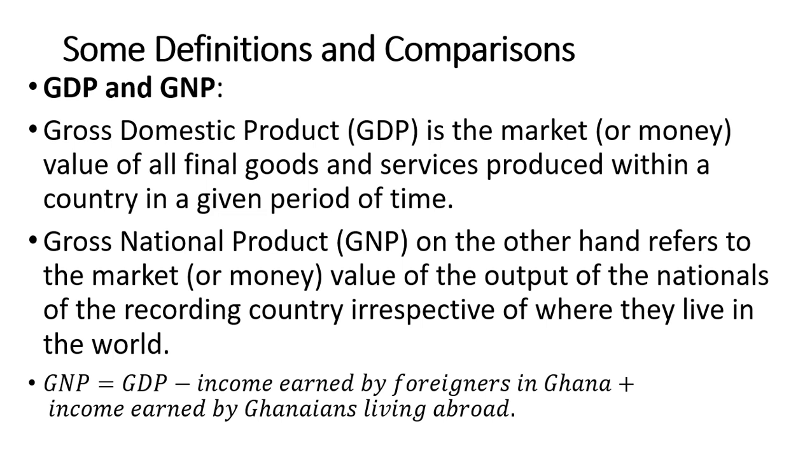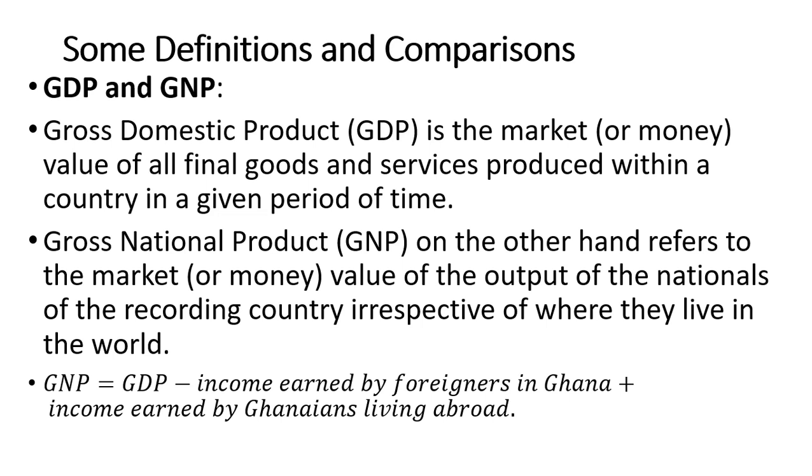So, for instance, we may want to know the total output of Ghanaians in the year 2023, irrespective of where they live in the world, whether they are living in Ghana or they are living in America, Japan, Kuwait, Iraq, Russia, Ukraine, Britain, Germany, or wherever.